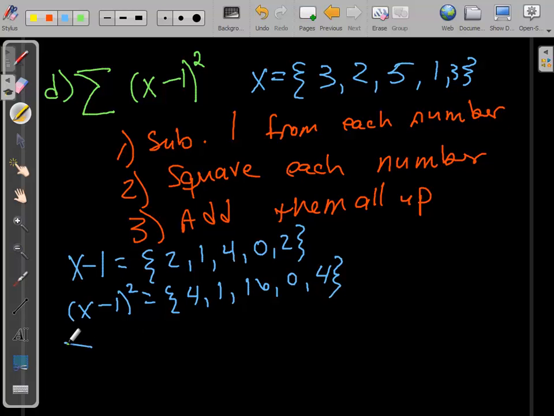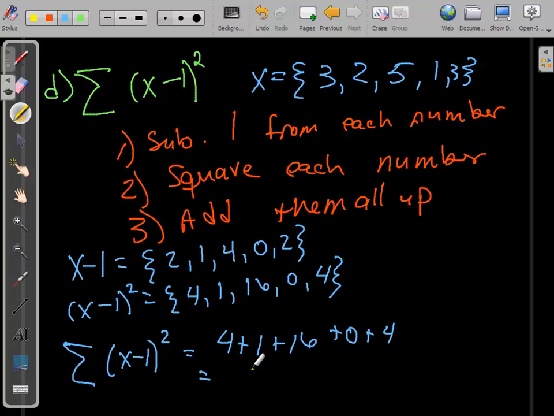And then to add them all up is now just to add up every value in that list. So 4 plus 1 plus 16 plus 0 plus 4. So 4 and 16, 21, 21 plus 4 is 25. So the order in which we do the computations matters, and when it comes down to it, always just start from the inside and work your way out.